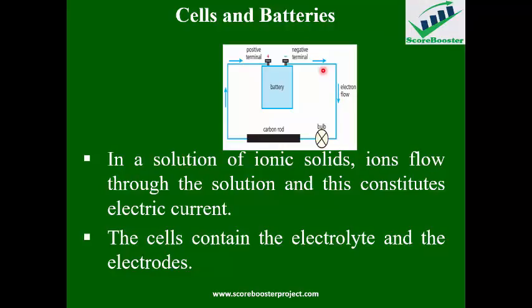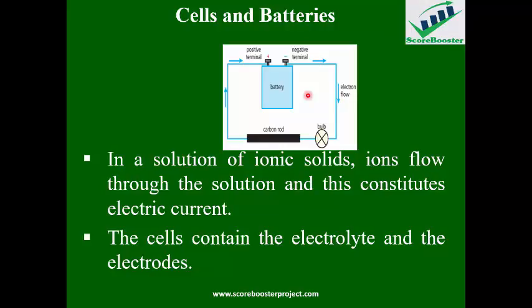Don't forget that we discussed electrolyte and electrode in our class on electrolysis, where we say when we have a solution that contains movable ions, this movement of ions can constitute what is called electric current.